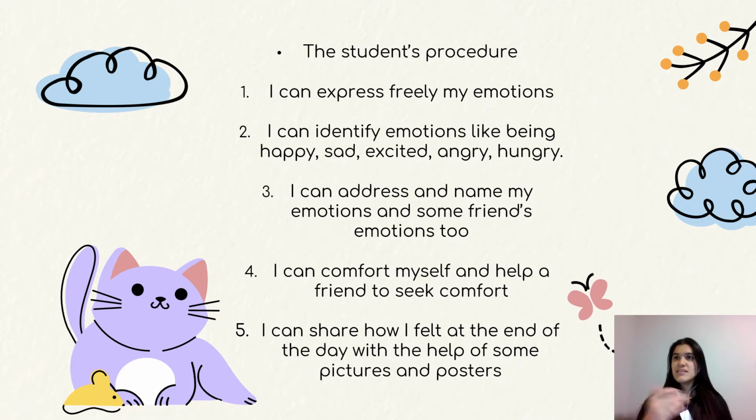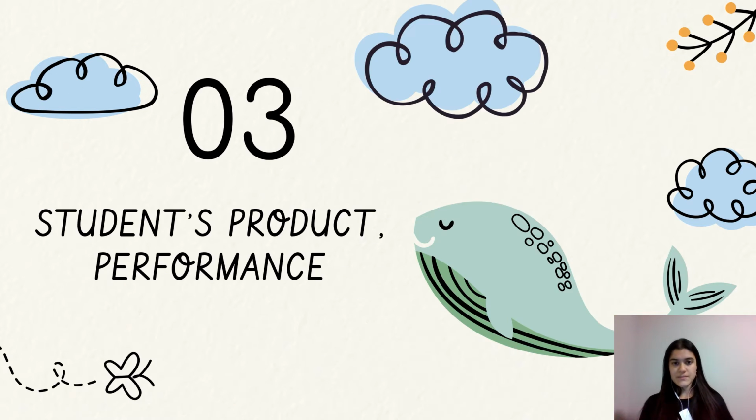Somebody can say, Johnny is feeling sad. Why? Because they are crying. Fourth, I can comfort myself and help a friend to seek comfort. I can share how I felt at the end of the day with the help of some pictures and posters that we have all over the classroom, so they can point, it's easy for them to point how they are feeling.